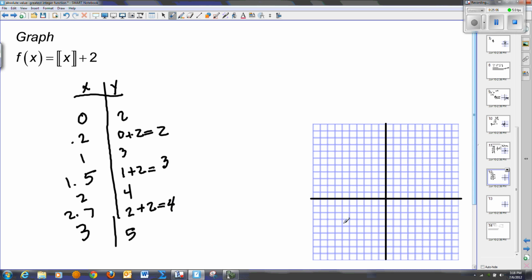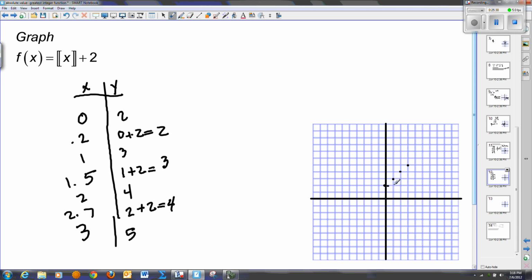which is 4. If I were to graph all these points, 0, 2, right here, at 1, I get 3. At 2, I get 4. And at 3, I get 5. So again, it looks like this step process is going on. At point 2, I also get 2.